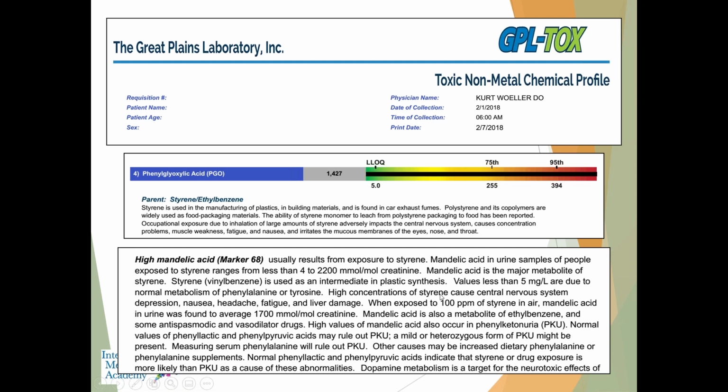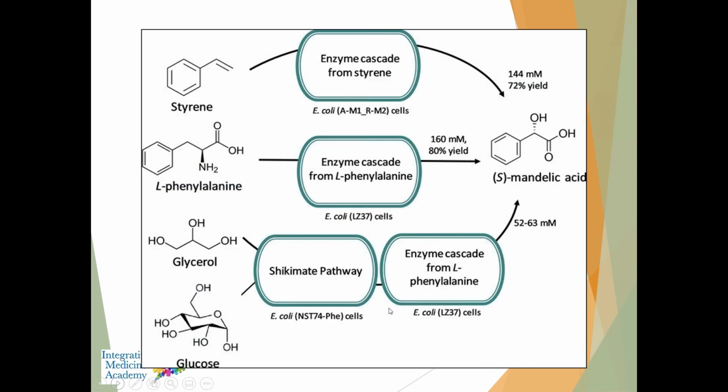Now, very high levels of mandelic, typically in association with phenolactic and phenylpyruvic acid, have more to do with some kind of blockage occurring in phenylalanine metabolism. Very high levels of these things, when we start getting levels above 200 millimoles, for example, it can be linked to what's called phenylketonuria.